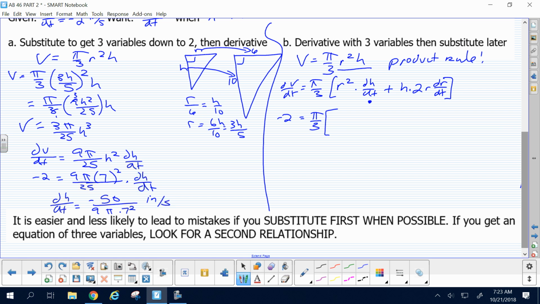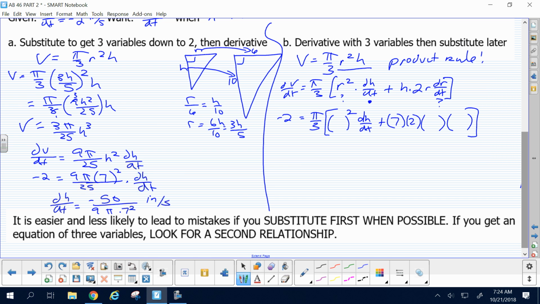I know the h is 7, 2 is 2, but I still need the r and dr/dt before I can actually finish and solve for dH/dt. So I still have two things I need to find.